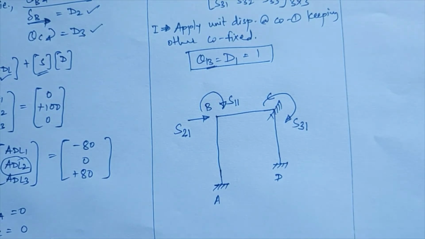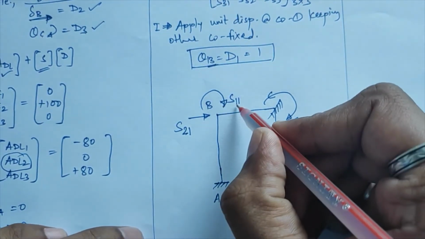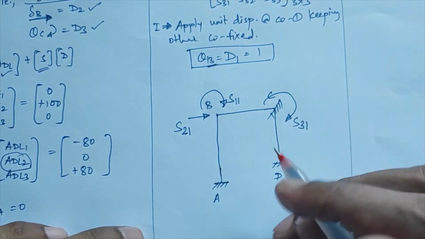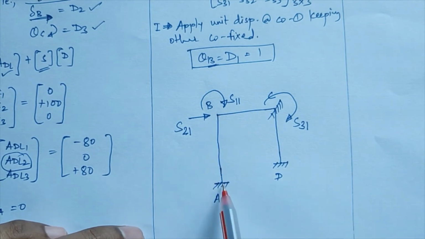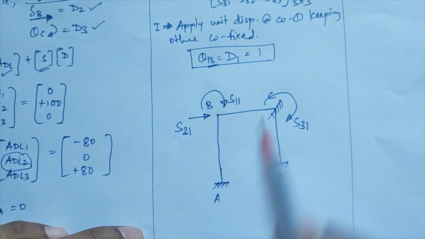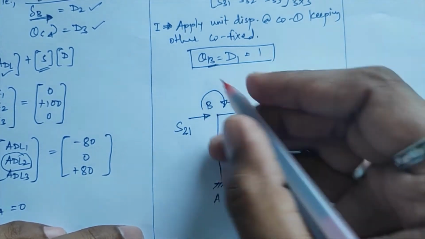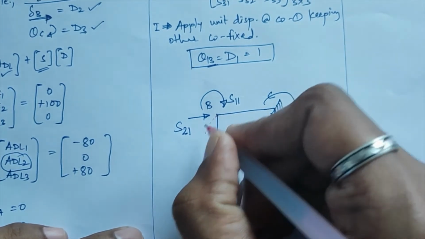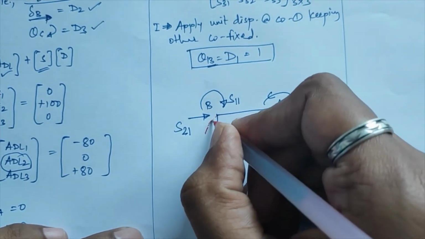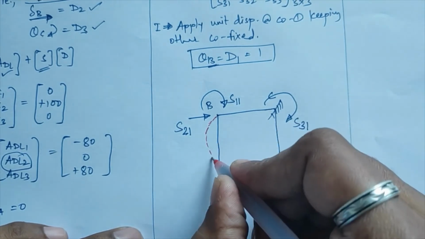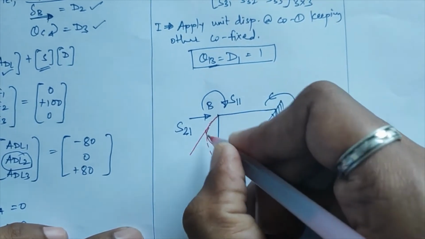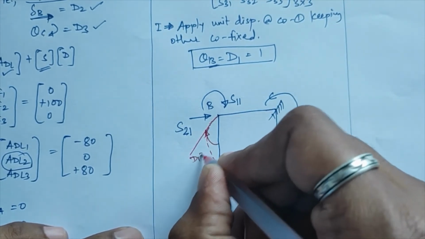Now we'll see about the deflection pattern of this. Deflection pattern, that is for S of 1 1, you have to apply theta B is equal to 1 for this BA and BC member. So for BA, that will be originating from the outward side, so that will go towards this outward side over there, which will show this D1 is equal to 1 there.